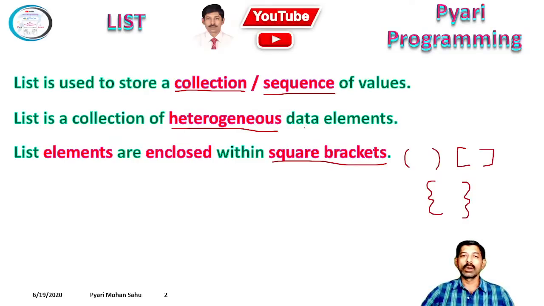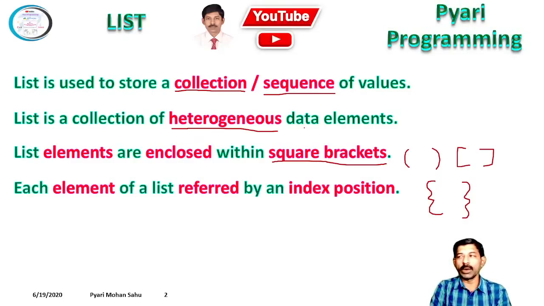Now, the next point is each element of a list is referred by an index position. What does it mean? When I'm storing some values, suppose this is my list, where I have the values 1, 5, 7.